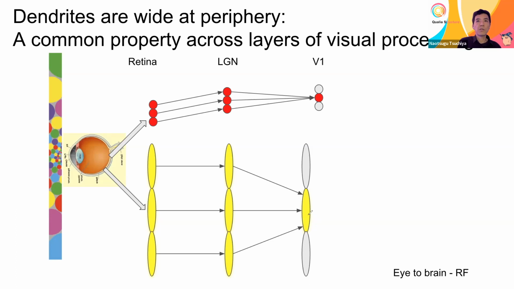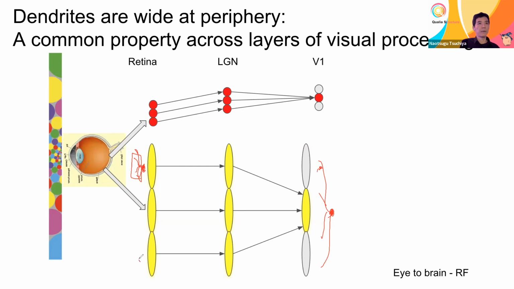Because the V1 neuron here also has big receptive dendrites compared to the retinal neurons like here, V1 receives an input from the retinal ganglion cells that covers this area with these dendrites, for example.